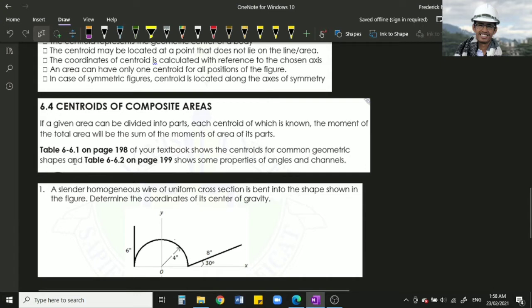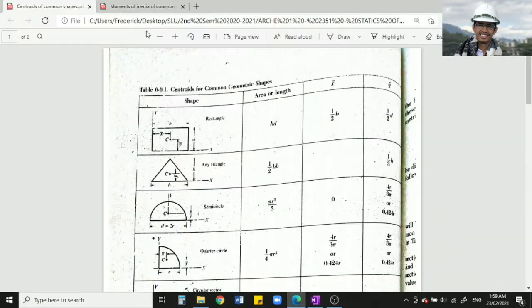So, in Table 6-6.1, dun sa ating reference book, shows the centroids for geometric shapes and some properties of angles and channels. So, ito yan. Centroid of common geometric shapes.